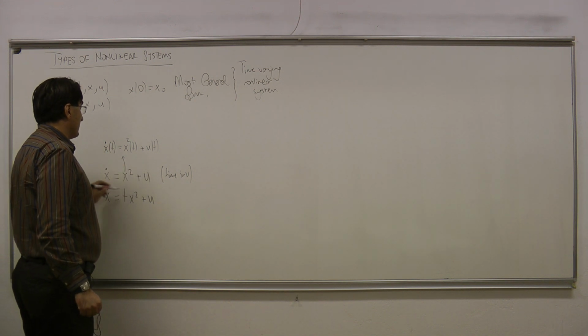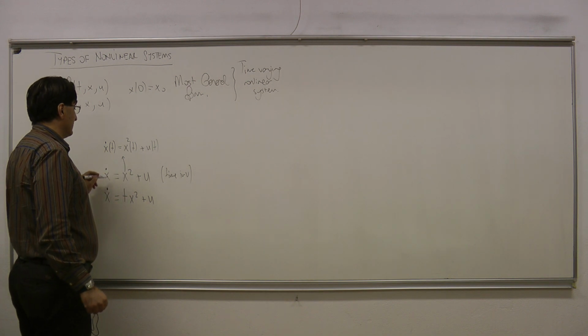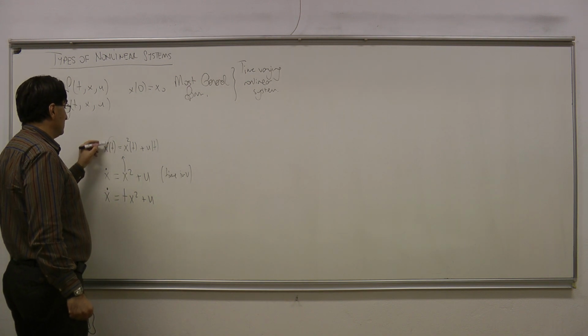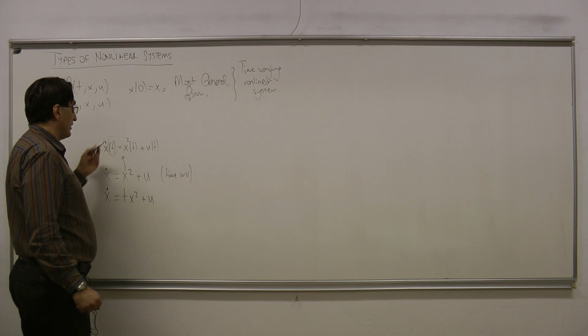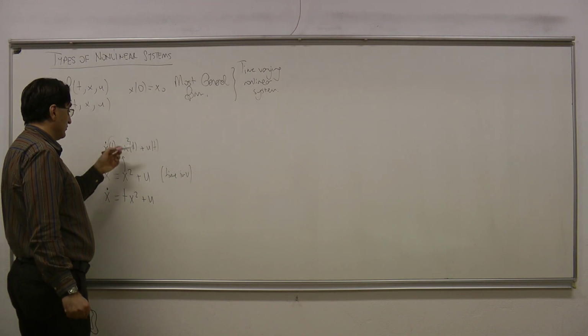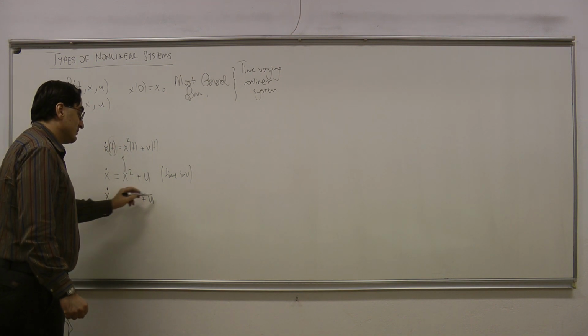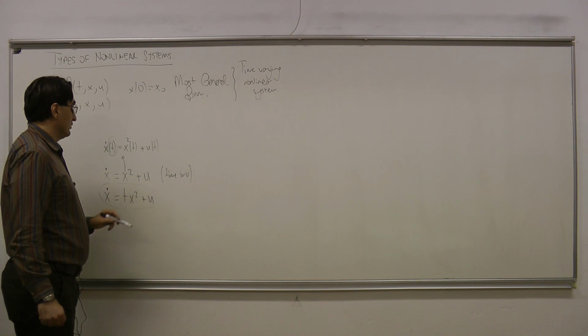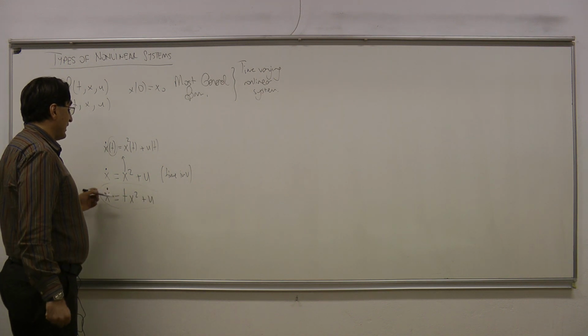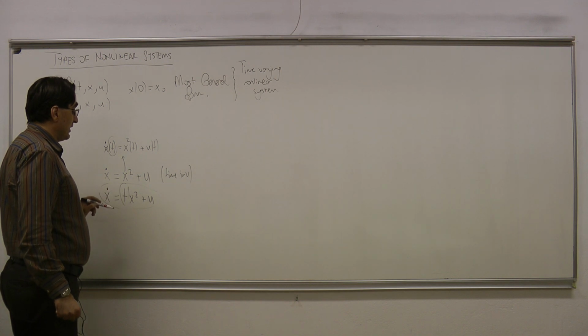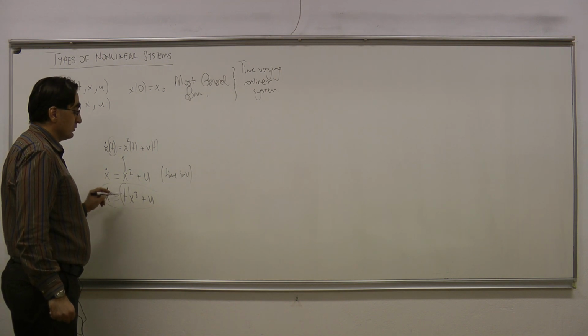So this is a time invariant system, irrespective of the fact that these signals are functions of time. On the other hand, in this second differential equation, you see that there is an explicit time dependence of the differential equation on time.